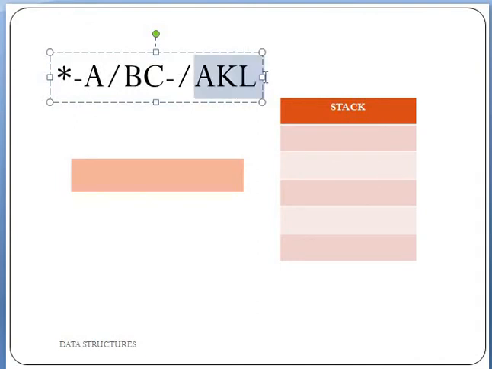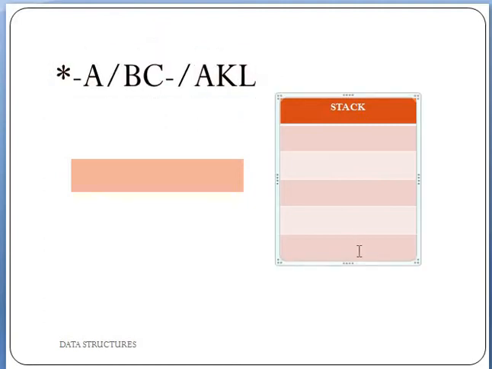The rightmost operand is L. So let's push L onto the stack, then K, and then A. As we know, the stack uses the last in first out method.